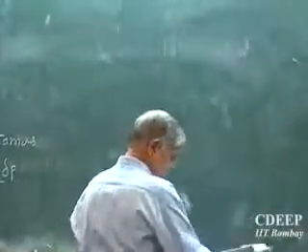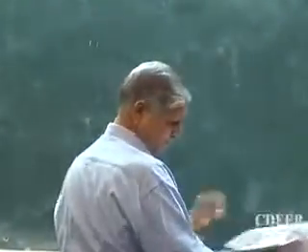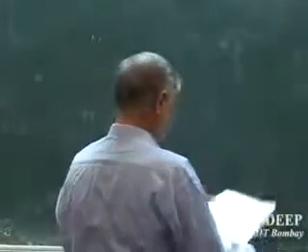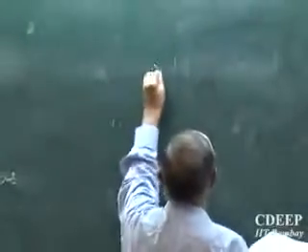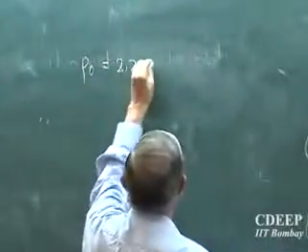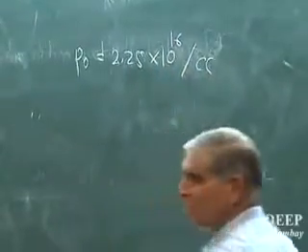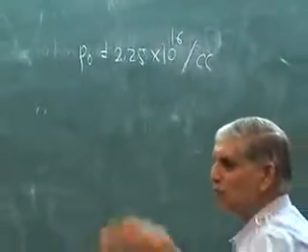An example, number-wise, I'll give you before I do further calculations. I have chosen a p semiconductor. Let's say p0 is 2.25 times 10 to the power 16 per cc, from ni squared.